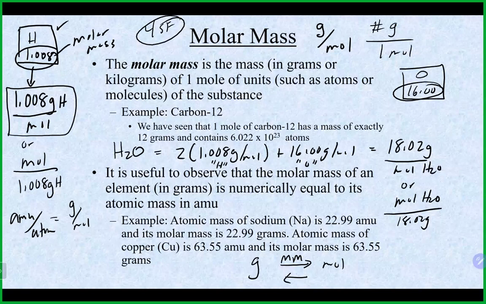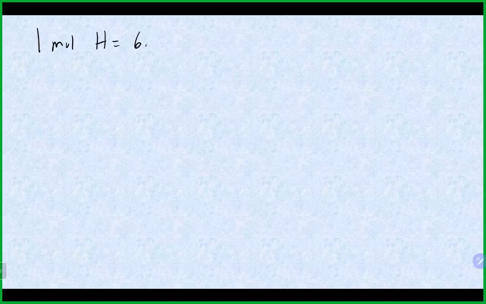Now, how does this all sort of tie together? For example, if you have 1 mole of hydrogen, that would contain 6.022 times 10 to the 23 atoms of hydrogen, which would represent 1.008 grams.